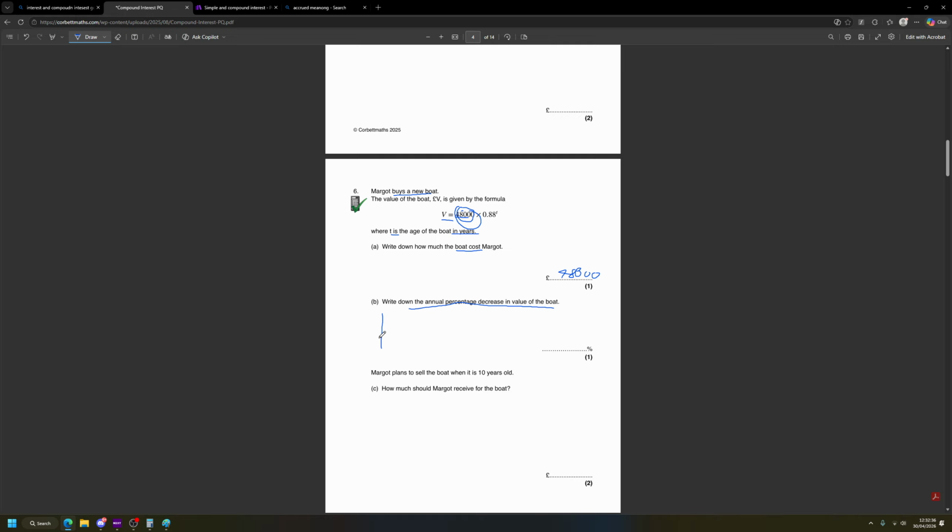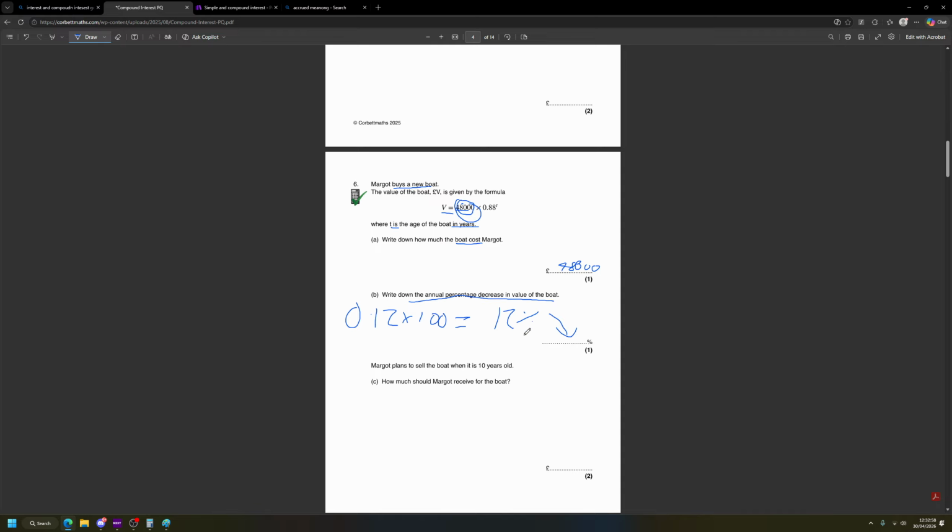It is simply 1 take away 0.88, equals 0.12, but they asked for a percentage, and for a percentage you just multiply the decimal by 100. So 0.12 multiplied by 100 equals 12%, and that goes right there.